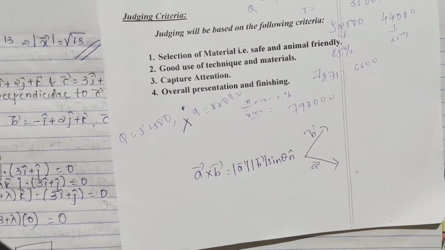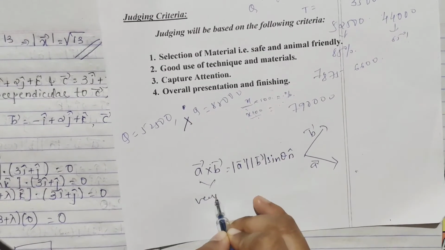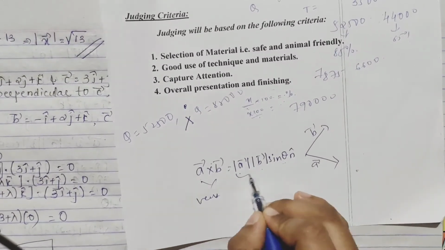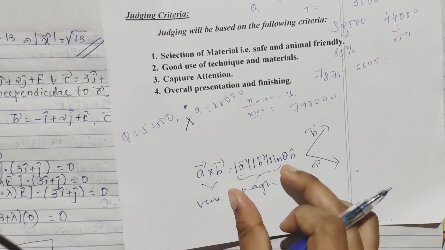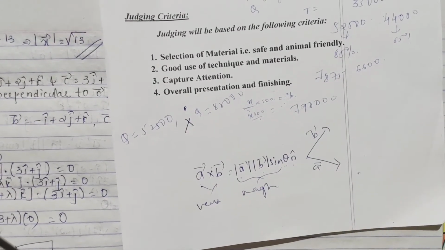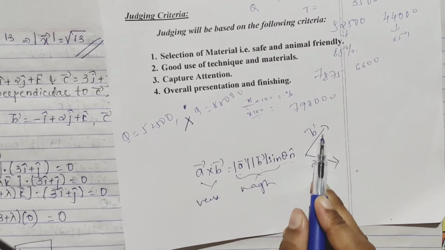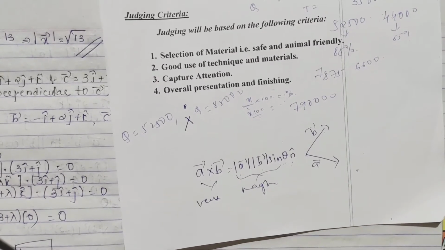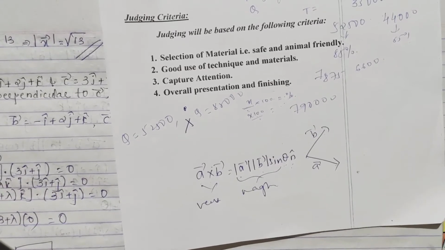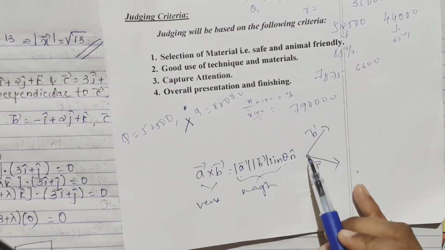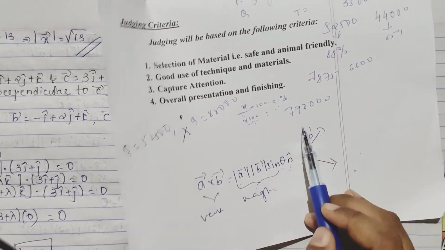This is a vector, vector A, vector B, these are both vectors, you know it. And till here you can find out, because in your dot product also you had modulus vector A modulus vector B cos theta, means this kind of a magnitude, right? This all is a magnitude part. But here one extra comes, n cap. What is your n cap? N cap is such that it is perpendicular to A and perpendicular to vector B. So if you imagine in 3-dimensional space, either your n cap perpendicular should be upward or downward.